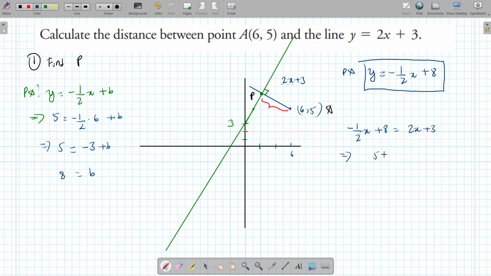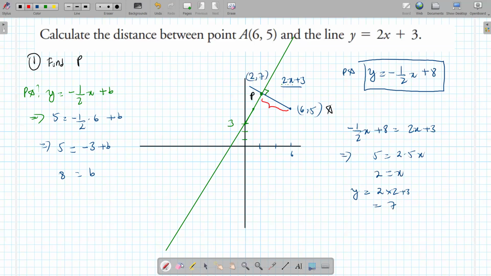And using quick maths, this is going to be 2.5x equals 5. X is going to be 2. I mean, we could have kind of deciphered it from the graph. X is 2, and to find the y value, we can plug it into either one of those equations. I'm going to plug it here, so it's going to be 2 times 2 plus 3. It's going to be 7. So that point is 2 comma 7.